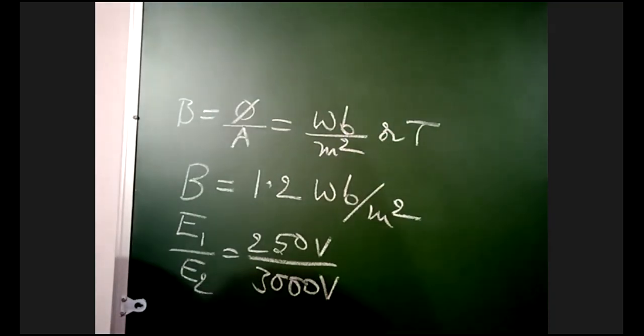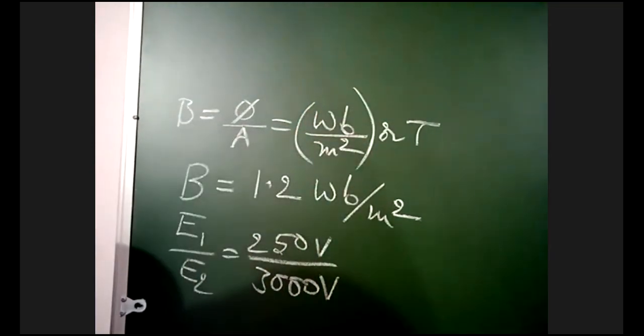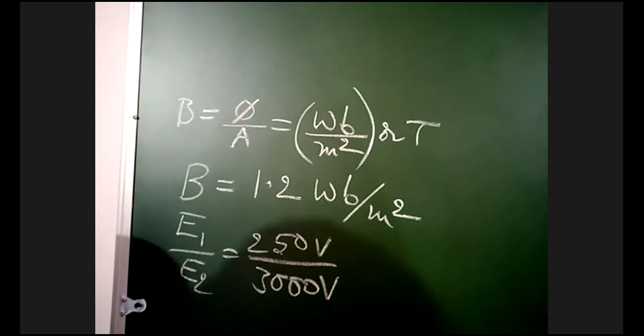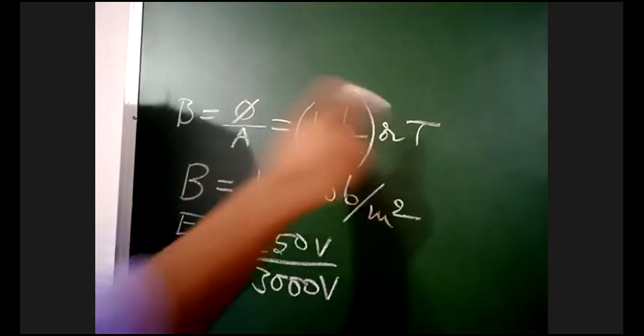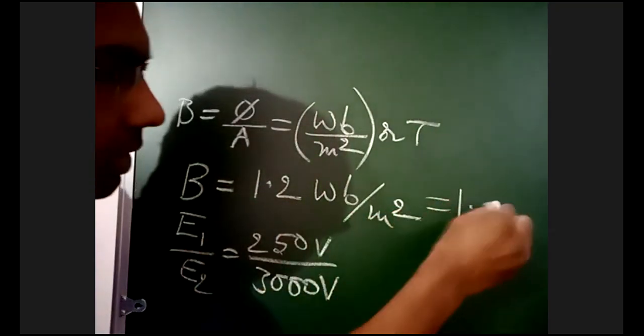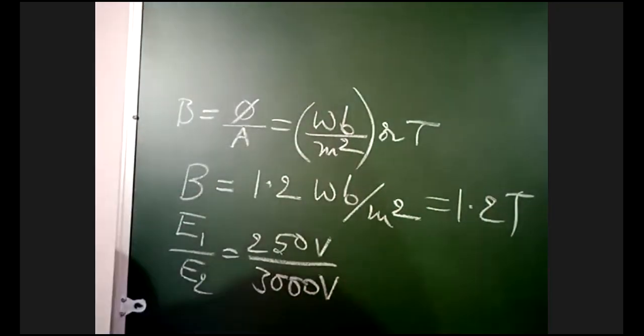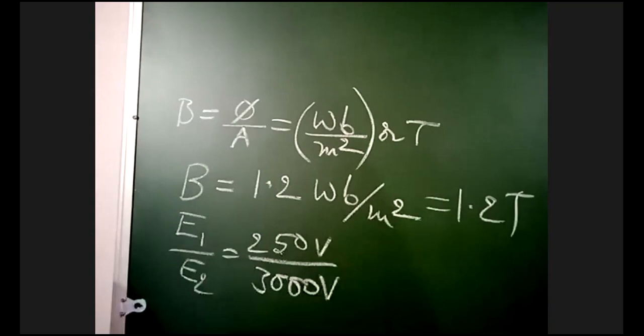We can represent the unit of B as Weber per meter square or Tesla. Don't confuse in exam. Sometimes they'll give Weber per meter square, sometimes they'll give Tesla, like 1.2 Tesla. Okay, this is the given data in the problem.